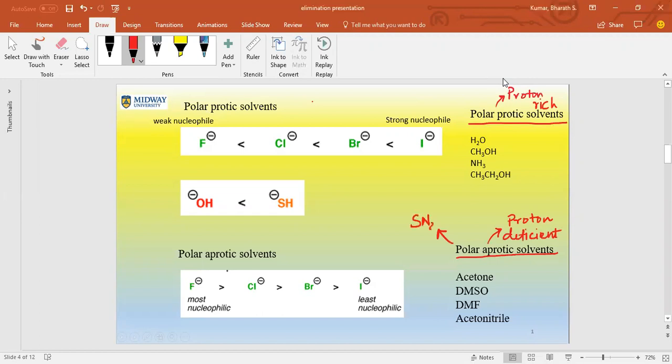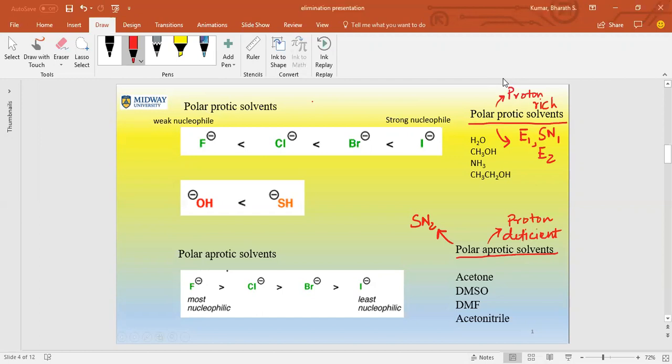Now, polar aprotic solvents almost always favor your SN2. And polar protic solvents typically favor E1, SN1, and to a greater extent your E2 as well. E2 is not so much solvent dependent. It can work with a wide variety of solvents, but for practical purposes, I'm going to put these in here.